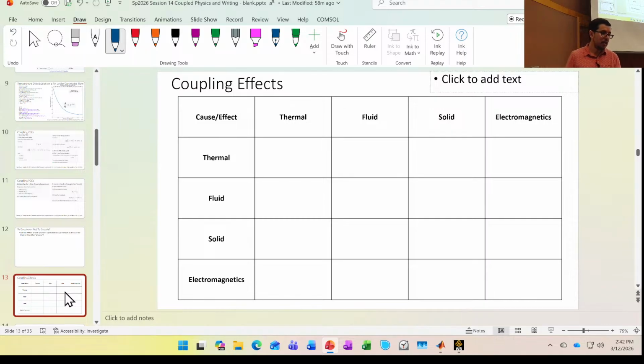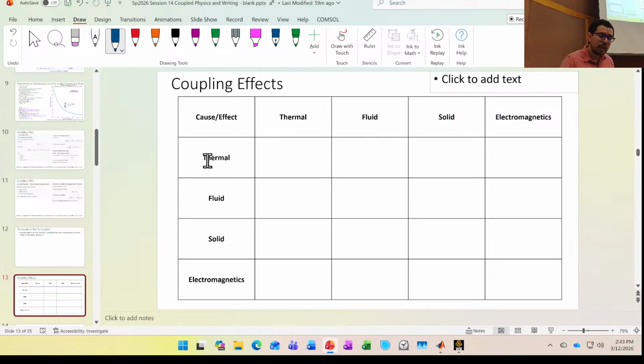Professor Singer has this nice chart that we're going to go through briefly. Well, maybe not that briefly. What we have here is a column of physics: thermal, fluid, solid, electromagnetics. And we have a row of physics.